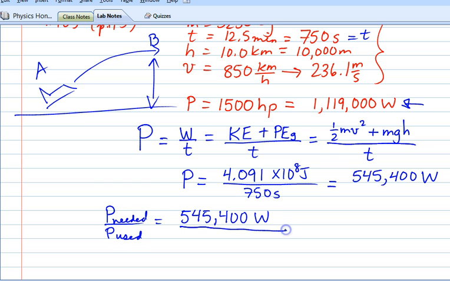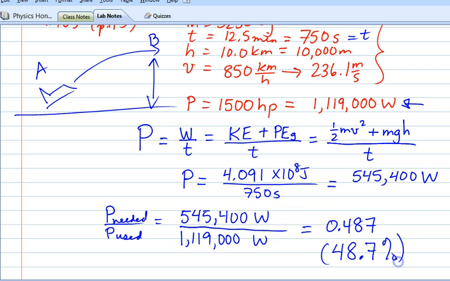That'll tell us how good we're doing. When we do that, we get a fraction of about 0.487, which means the plane is using about 48.7% of the power that its engines produce.